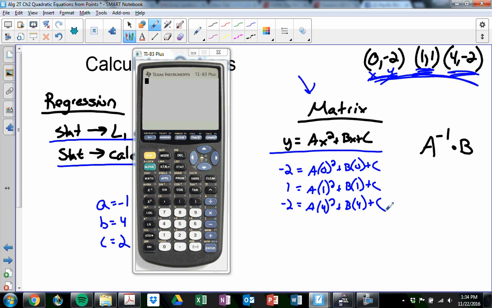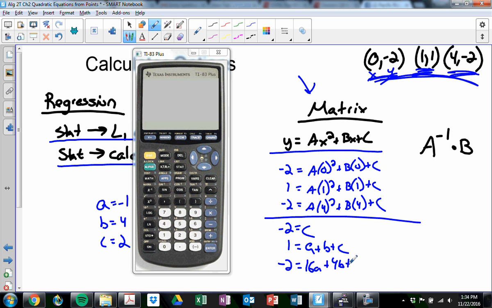And then I simplify this and I get negative 2 equals c for my top equation. My next equation becomes 1 equals a plus b plus c. And the bottom equation becomes negative 2 equals 16a plus 4b plus c. And this is now a 3 by 3 system. 3 variables, 3 unknowns.